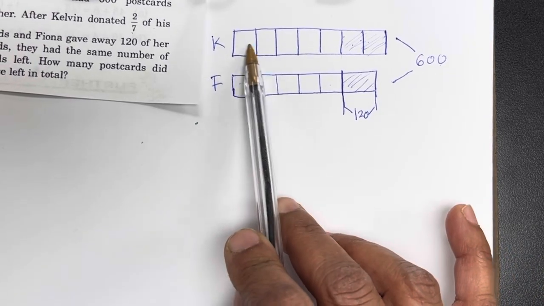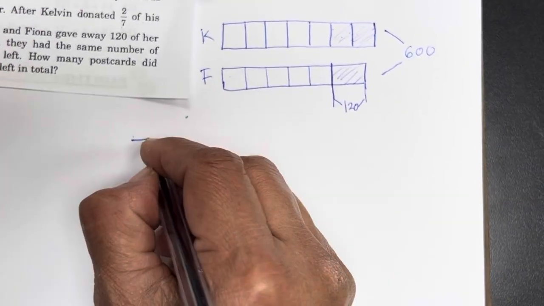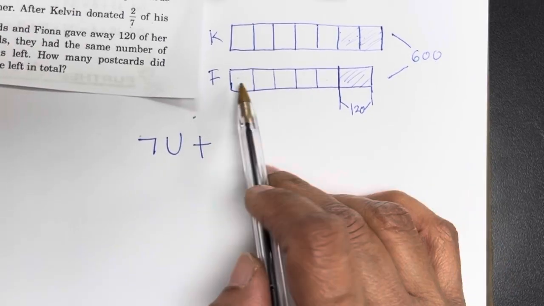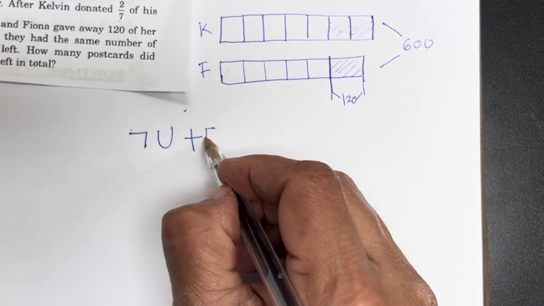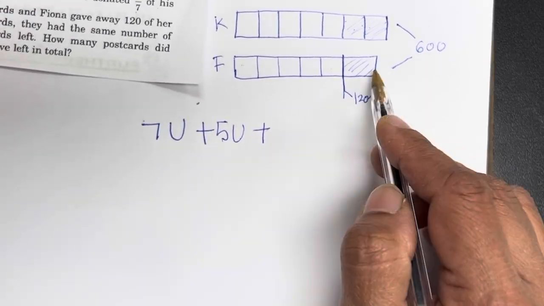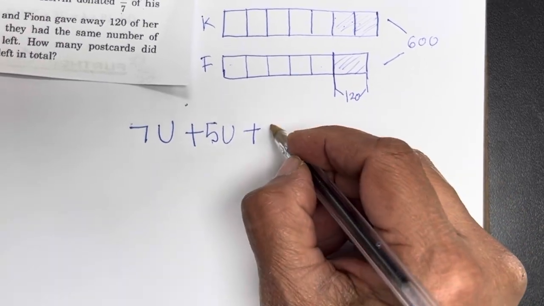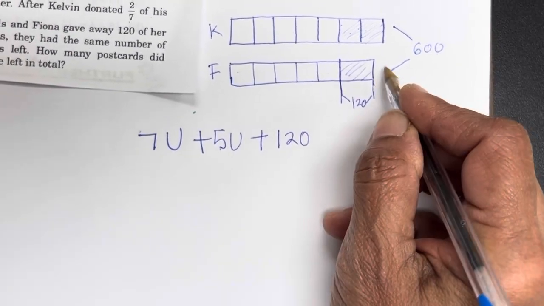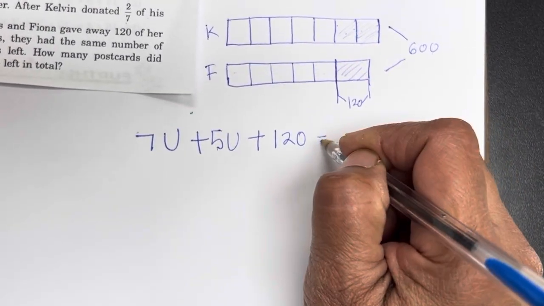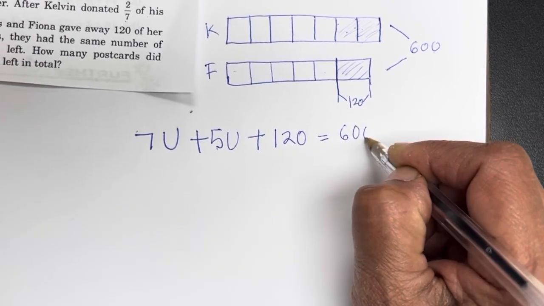So I hope you can see that there are 7 units plus 5 of Fiona's units plus this 120 which she donates. This was what they started off with, which was 600.